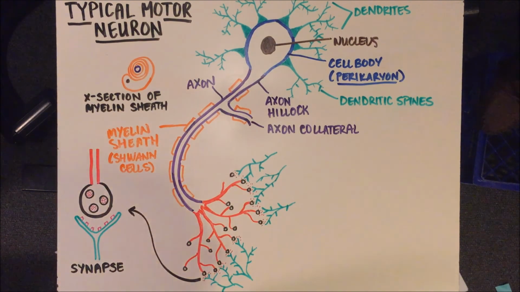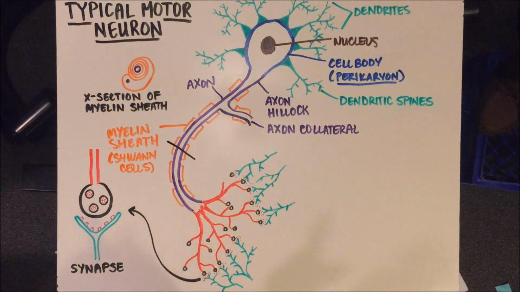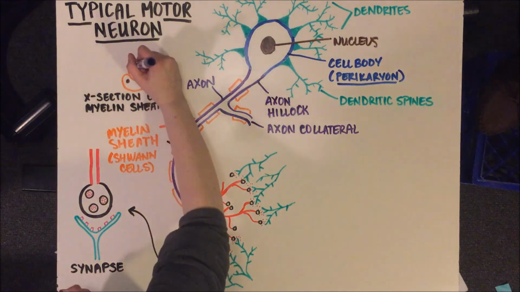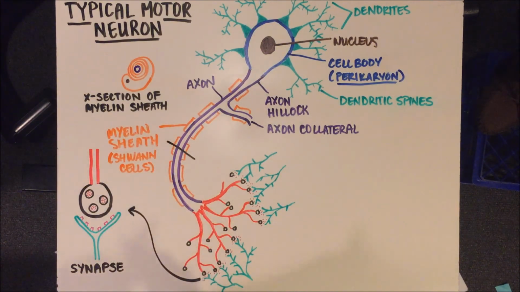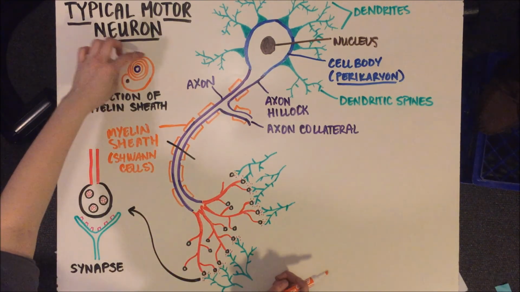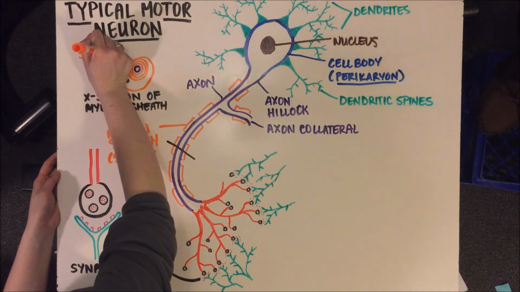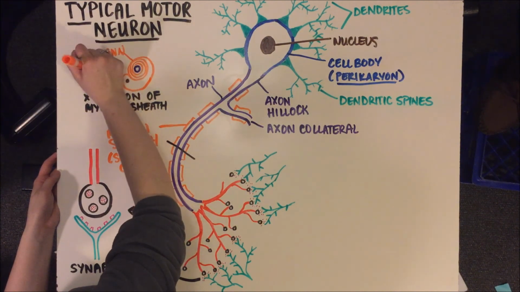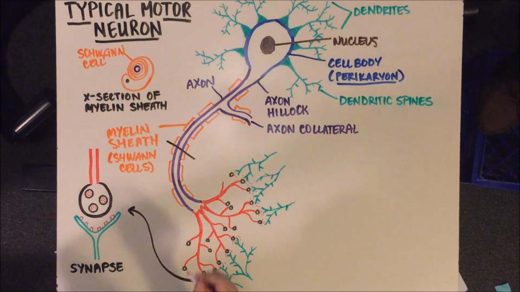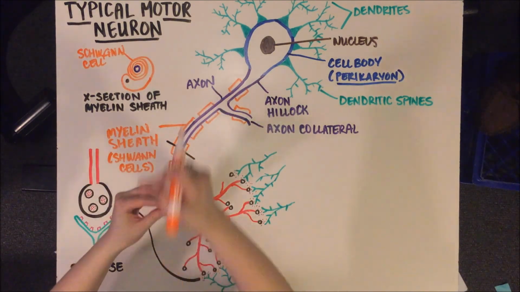So if we cut the neuron right here crosswise, we'd get something that looks like this. So this purple structure right here is the axon, cut crossways, and around it is the Schwann cell. Schwann cells are long and thin, and they wrap around the neuron several times.